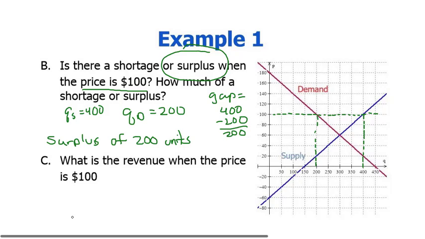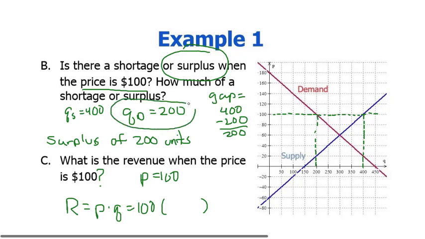So the next thing they ask us is, what is the revenue when the price is $100? Well, we know that our price is 100, and we also know that our revenue always equals our price times our quantity. So we're going to have 100, and then we're going to multiply by something. So we just need to look up here and figure out how many we are actually going to sell if the price is 100. We have a demand of 200, and we have a supply of 400.